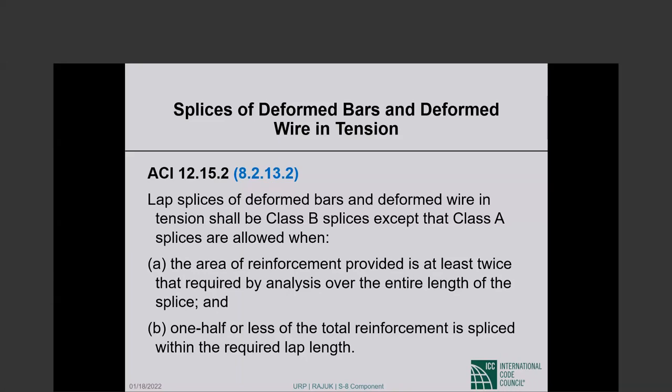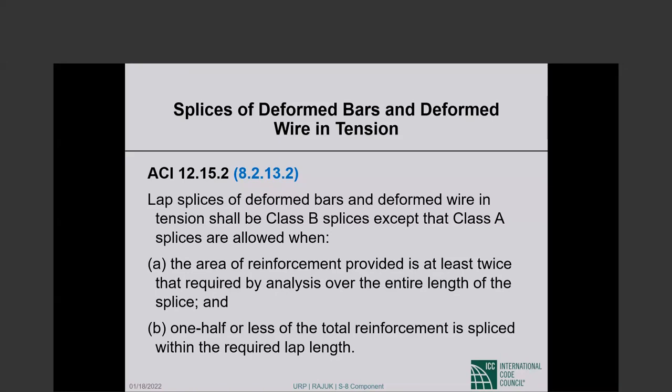So the area of reinforcement provided is at least twice the area of reinforcement required by analysis over the entire length of the splice. This is number one. Number two, 1/2 or less of the total reinforcement is spliced within the required lap length.